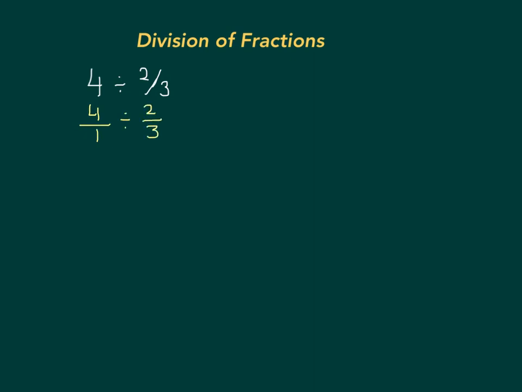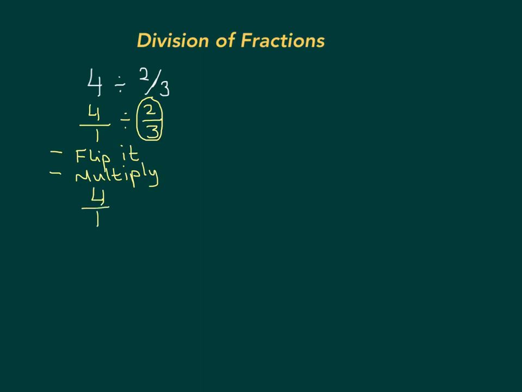So when we're dividing, a rule of thumb is to do two things. We are going to look at the second fraction first of all, and we're going to flip it and then multiply. So if we do that, we end up with 4 over 1.